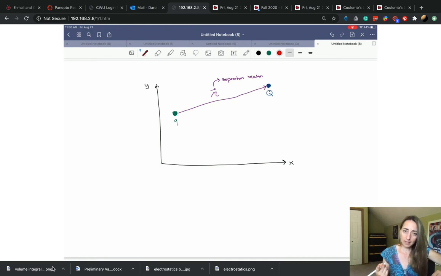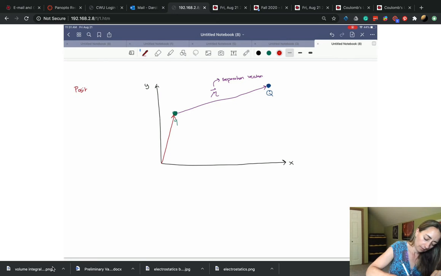So the way that we do that, if you guys recall, is we define position vectors. Position vectors, you guys remember hopefully that. If not, that's okay. We're going to define it right now. A position vector is a vector that points from the origin to the object, in this case a charged object.